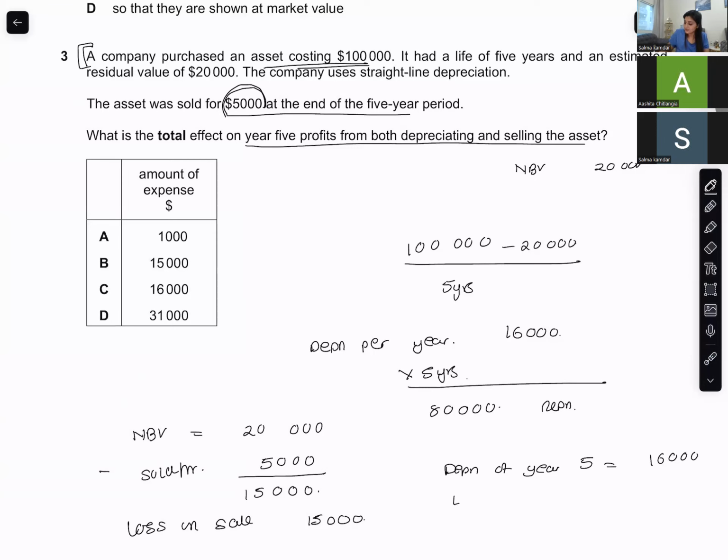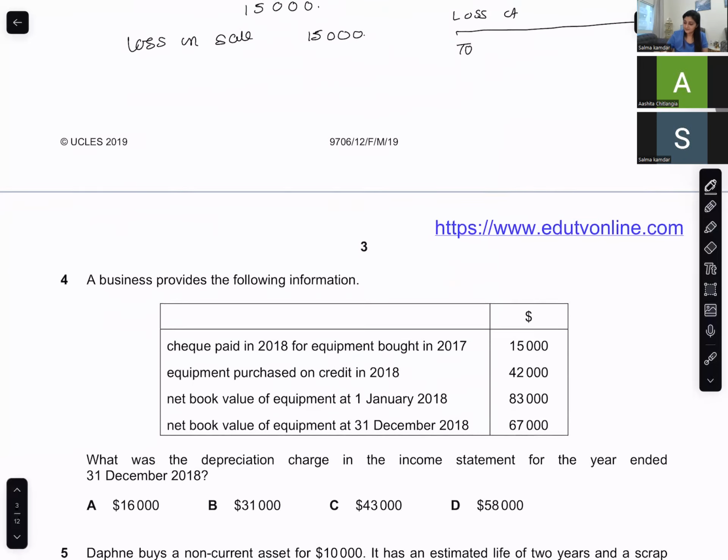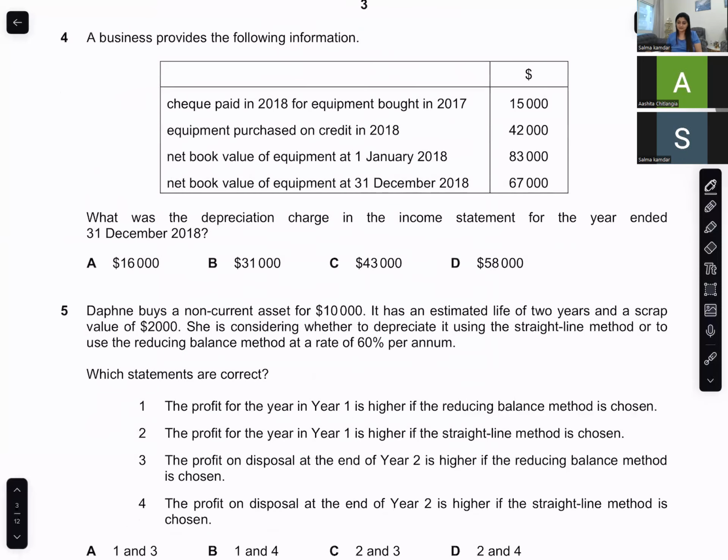And the loss of year 5 is how much? 15,000. So the total expense of year 5 because of depreciating the asset and selling the asset is 31,000. So the option would be D. Go to the next one.